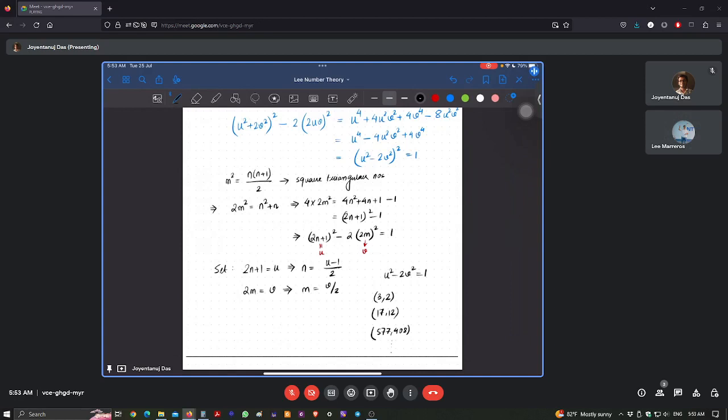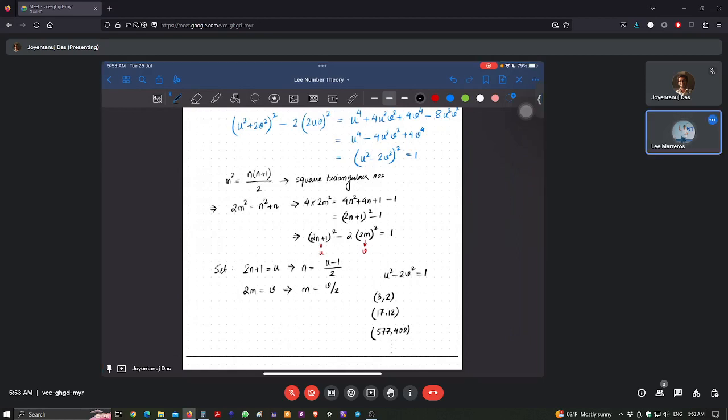This procedure leads to infinitely many different square triangular numbers. So that is fine, right? Because I know that there are infinitely many solutions (u, v). So each (u, v) will generate a new solution, right? So that is fine.